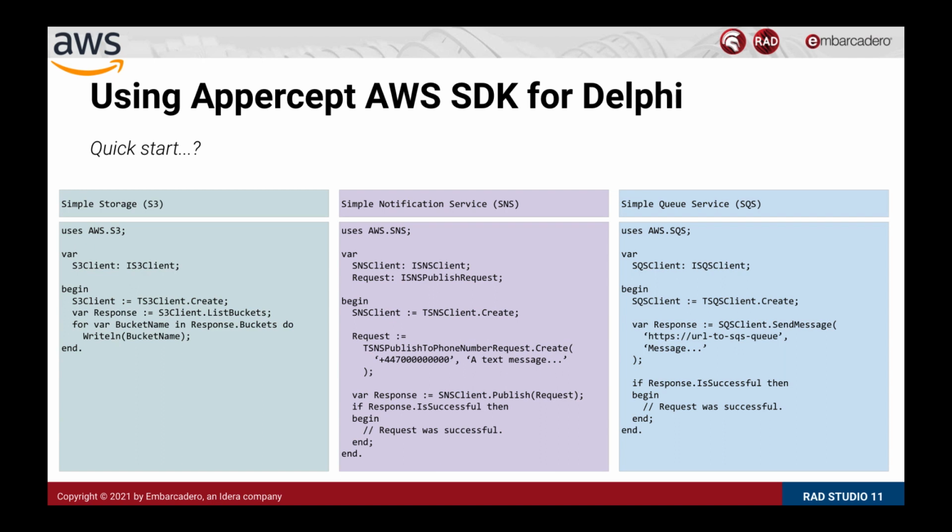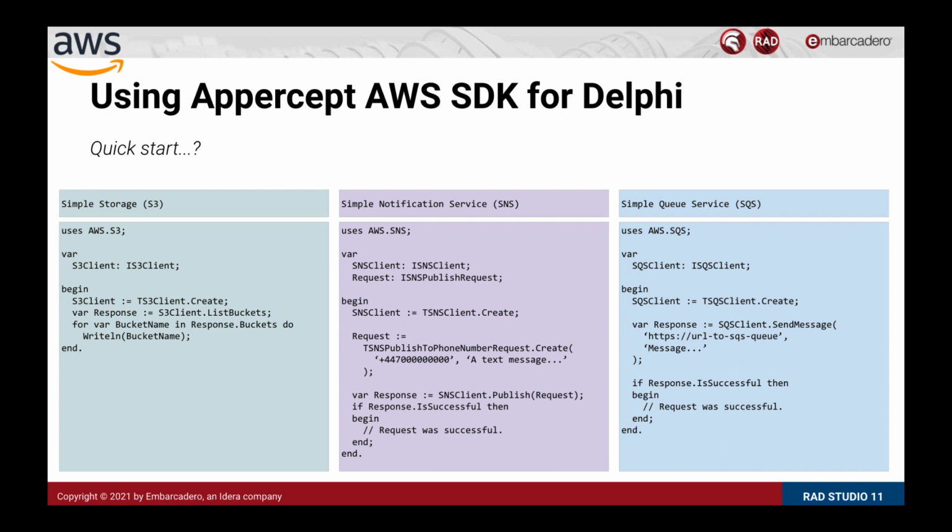And we have an interface to a client. So we define here a variable S3 client is an IS3 client. We're going to construct that client, which is the implementation, a TS3 client. And then we ask the S3 client to list the buckets, and we store that in a response variable.